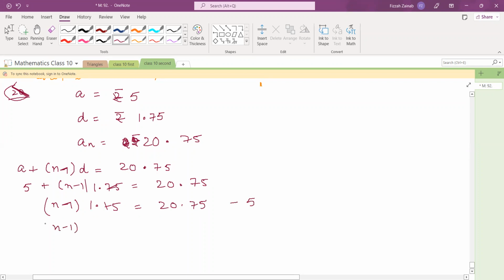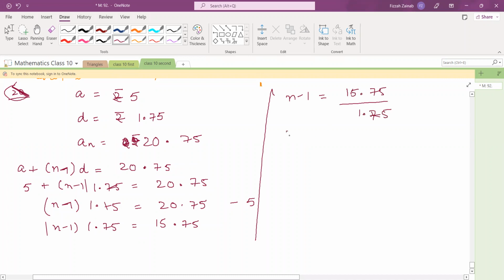So N minus 1 into 1.75 is equal to, how much is 20.75 minus 5? So it will be 15.75. So from here, your N minus 1 will be 15.75 divided by 1.75, right? If I remove the decimal, I'll get 1575 by 100 divided by 175 by 100.